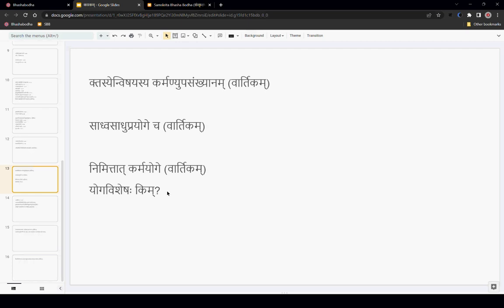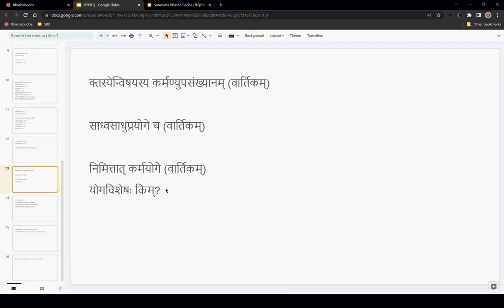If you look at these examples, only hunting examples are given: Vyadha charmani vyaghram marayati, and Vyadha dantayoh hastinam marayati.